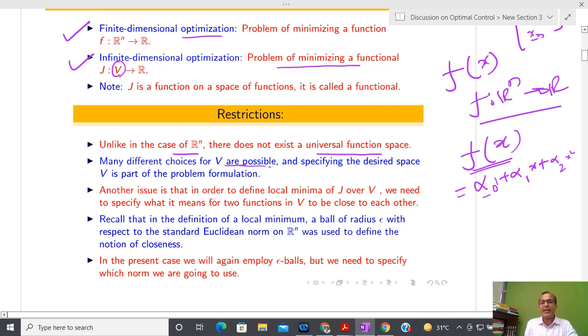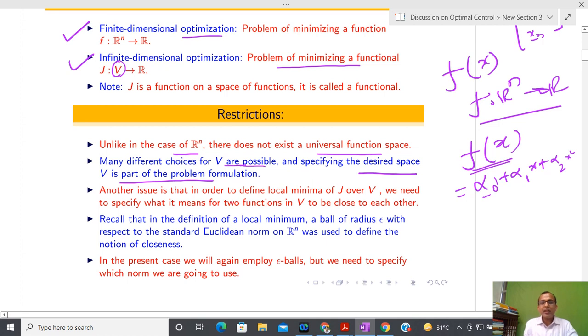So this is part of the problem formulation itself. In the case of finite dimensional optimization there is no need to worry, Rn is there, but in the case of an infinite dimensional optimization problem we have to carefully define what kind of space we are going to consider, that is, the vector space in which the functions are represented.